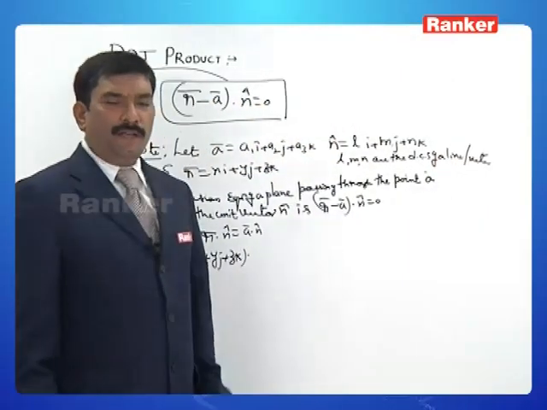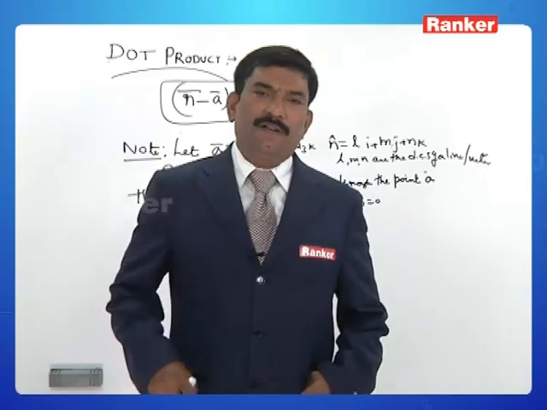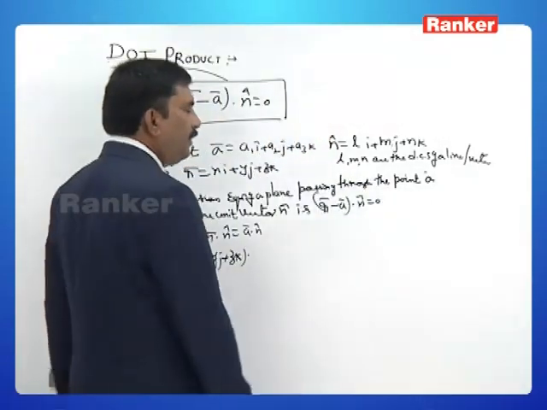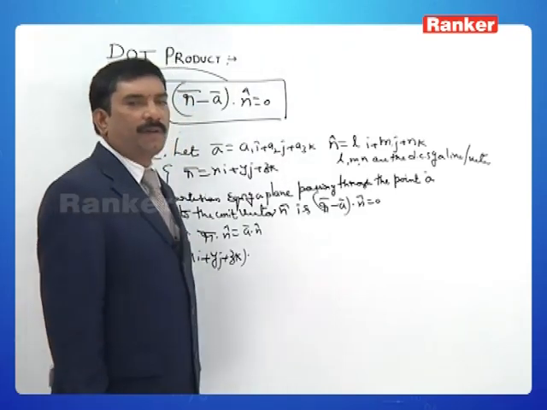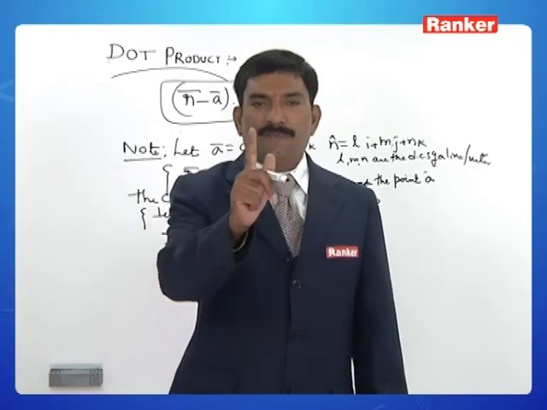You know already that L square plus M square plus N square is equal to 1. So whenever you come across L square plus M square plus N square, you are liable to write 1.